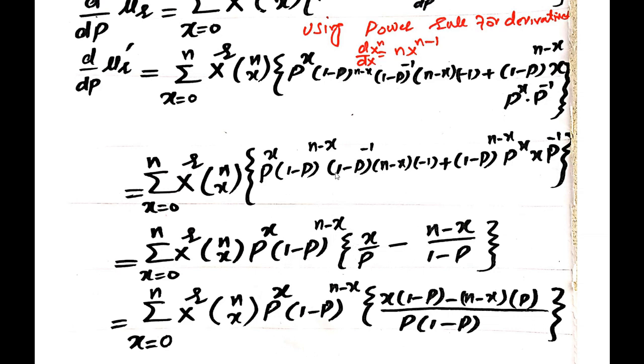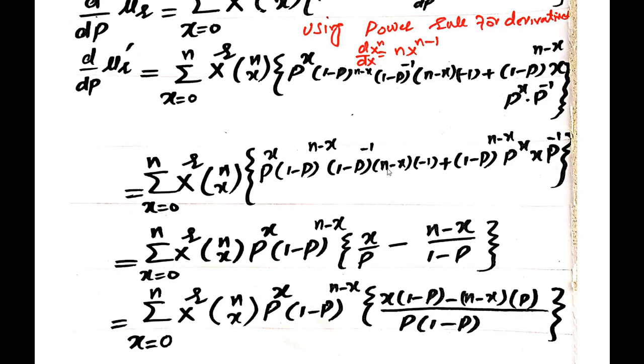Here in this equation, take the common of p power x (1 minus p) power n minus x. These two terms take common.